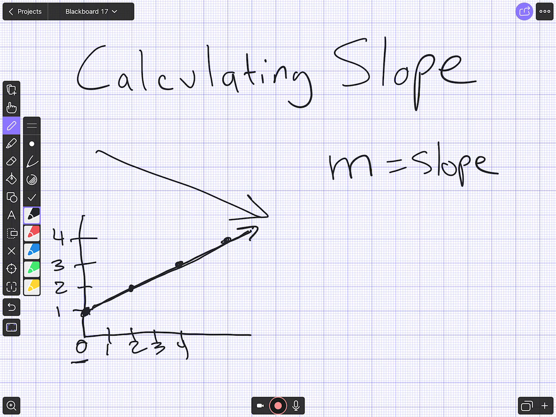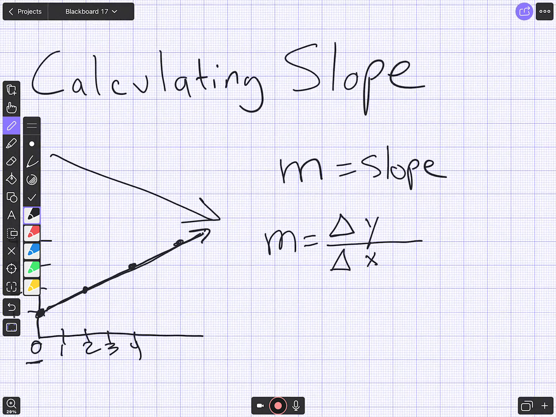Let's look at this particular slope. The way we would figure out slope is, and I'm going to use this little triangle, which means change, the change in y divided by the change in x.